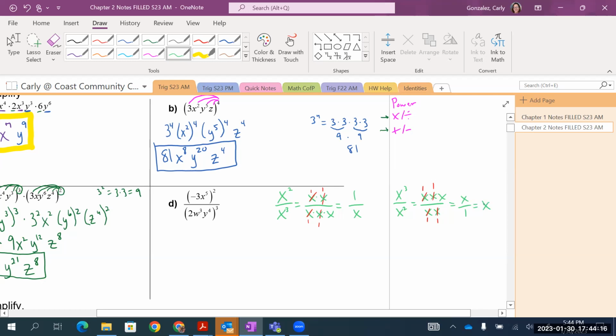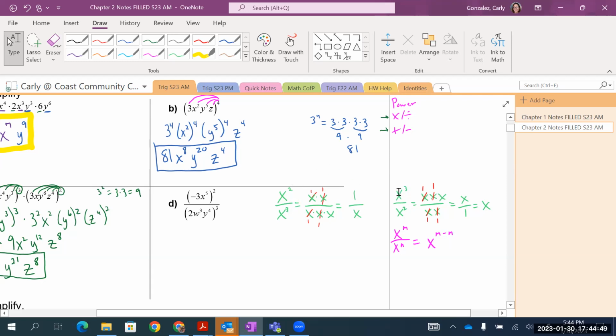So the rule is if we have an x to the m over x to the n, then our base is still x, but our exponent, we will subtract the exponents to get m minus n. What I like to do, instead of always subtracting the top minus the bottom, is to just subtract 3 and 2, no matter what.